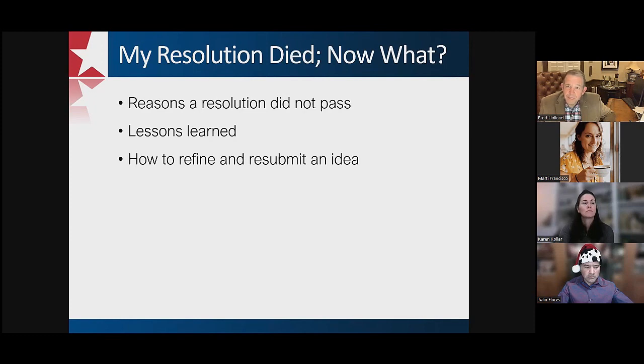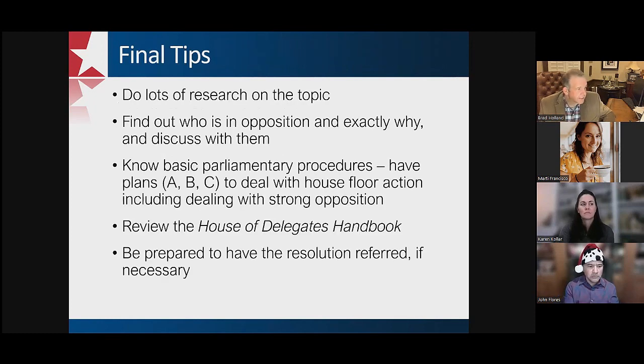Well, then the final tips on the resolution writing process. Certainly do your research. You need to be an expert if you're going to introduce a resolution on a topic. Don't be out-experted, and know your stuff. Know your opposition and discuss exactly why they're in opposition. Most people will be happy to tell you. And frankly, doing that ahead of time sometimes puts out some fires. Understand basic parliamentary procedures.